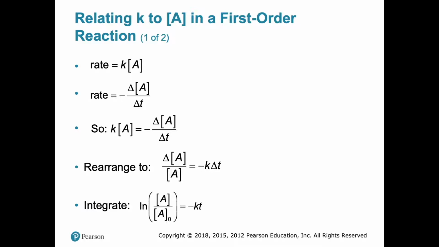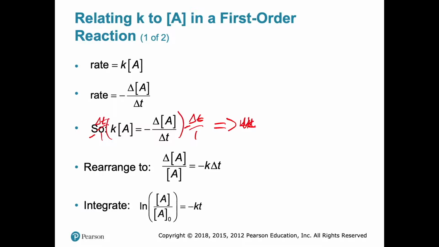If you multiply both sides by the change in time, like that, what you end up with is K... Actually, let me do that again. Let's say we multiply both sides by the negative change in time, actually. Okay.